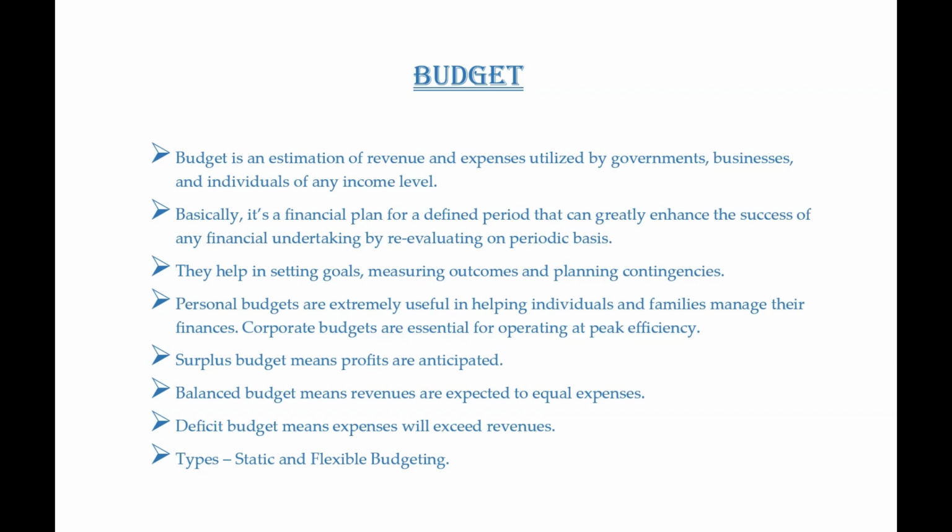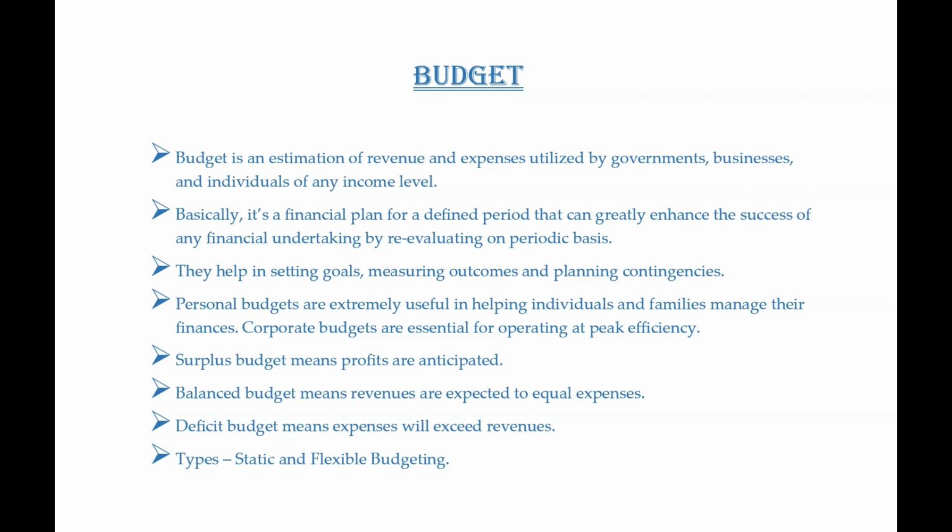Say in a family, three people are earning close to 1 lakh, but their expenses exceed that 1 lakh. So that is a deficit budget. So these are the major categories which help us know how our budgeting is defined, whether some changes are needed or not, and when they can be changed.